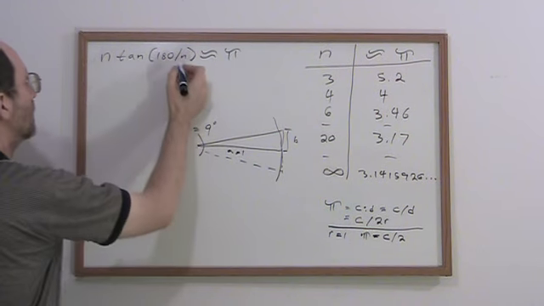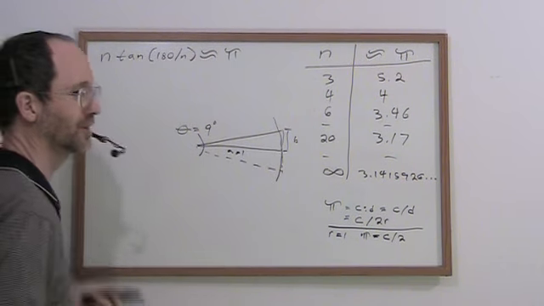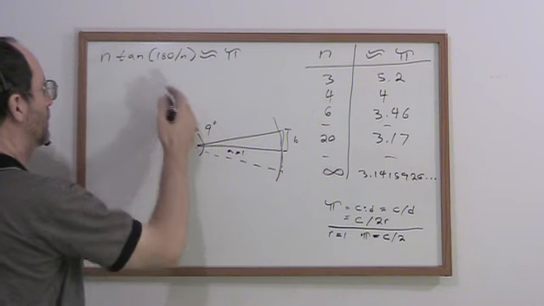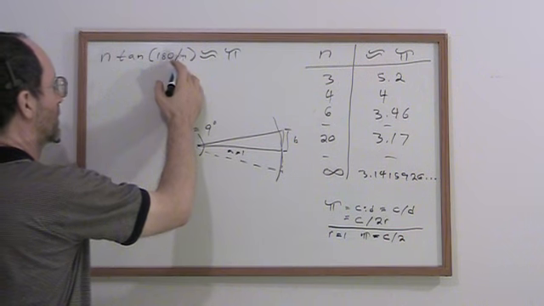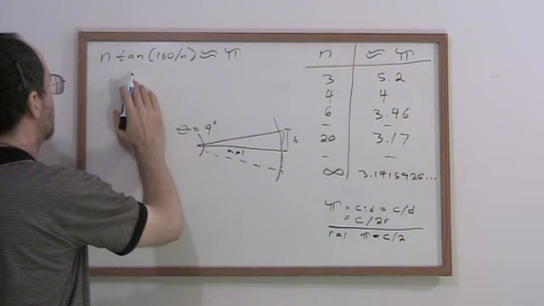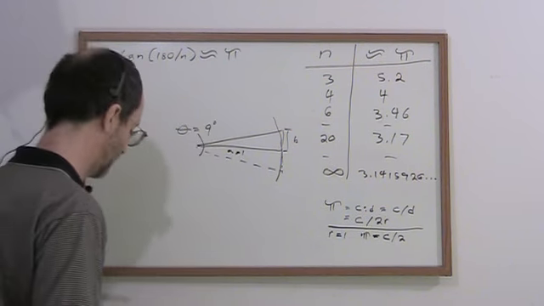And again, the number of sides, it's very easy. It takes 10-15 seconds to calculate on the hand calculator. You pick a number for the number of sides, take 180 divided by that number, take the tangent of that, multiply by the number of sides, and that gives you your approximation for pi.